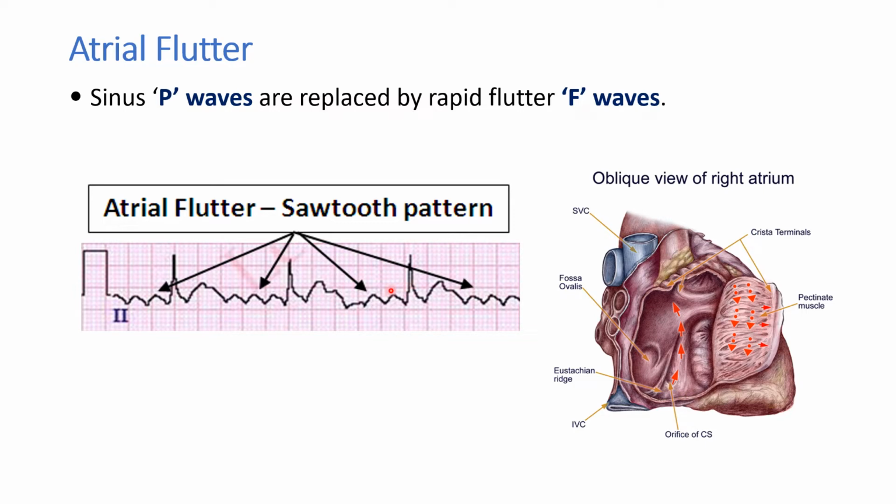This causes the atria and ventricles to conduct at different speeds, and the ventricular rate is less than the atrial rate. Atrial rate to ventricular rate may be 2 to 1, 3 to 1 or 4 to 1 and it looks like a regular rhythm. In these ECG strips, you can identify the flutter waves instead of the sinus P waves and they have a sawtooth appearance.